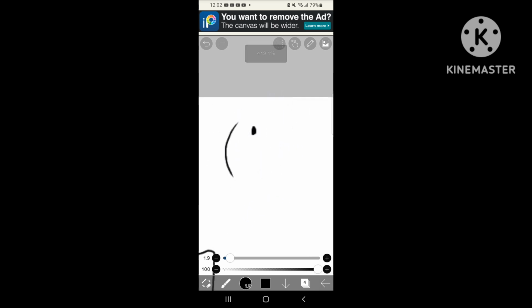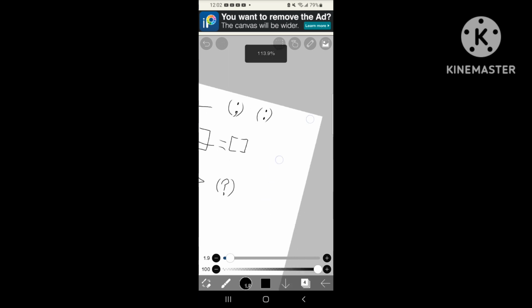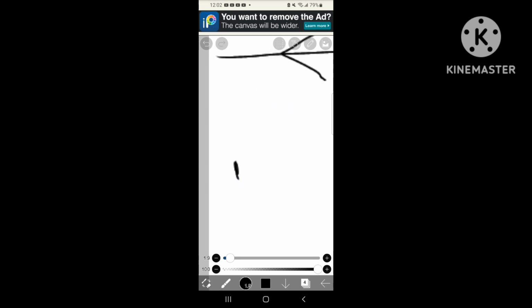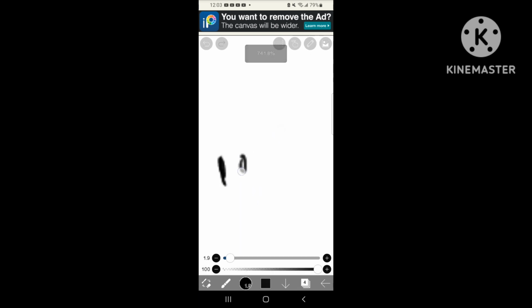If the recording picked that up, sorry. But I don't really know what else to say. All of these symbols are based on symbols in English writing.